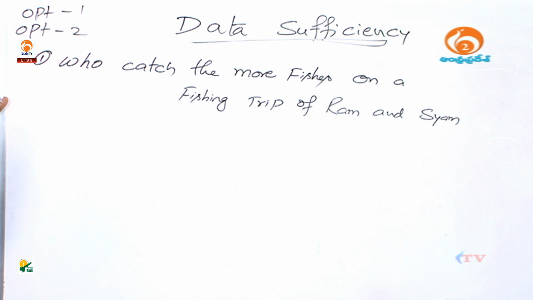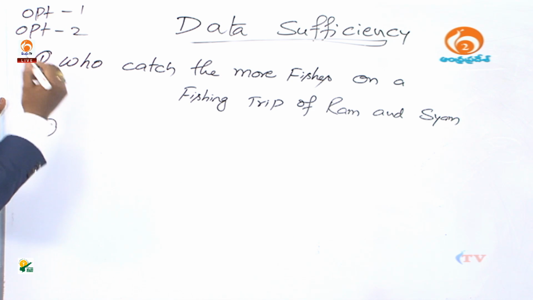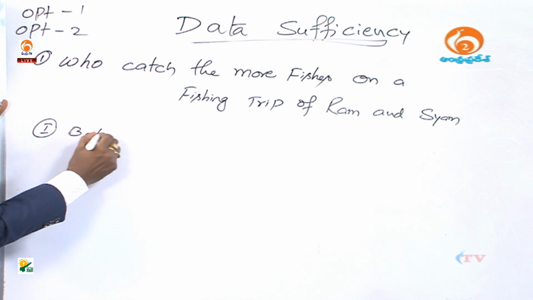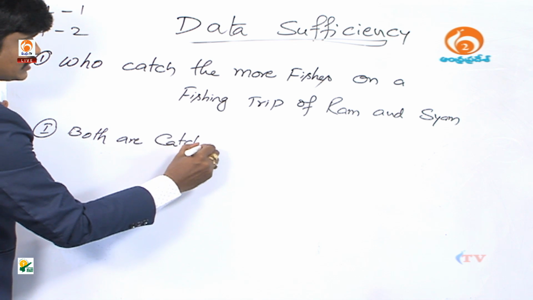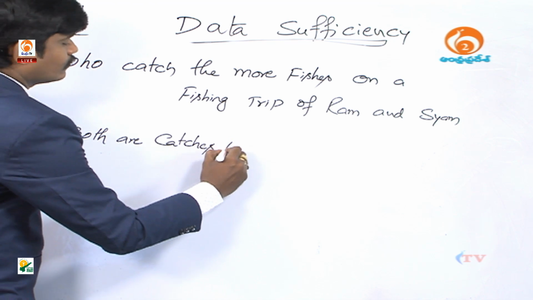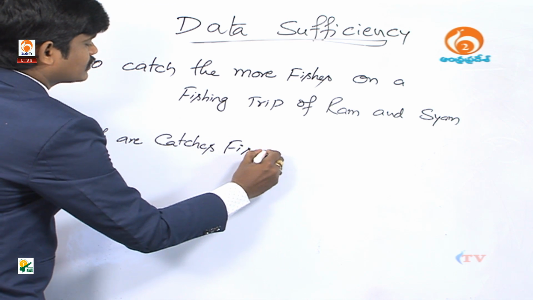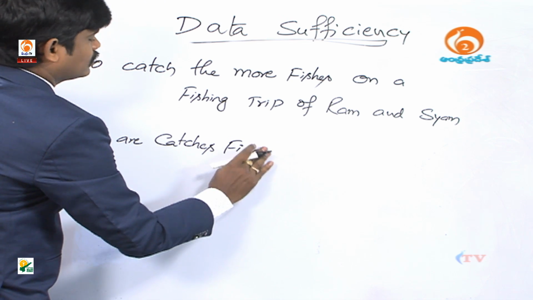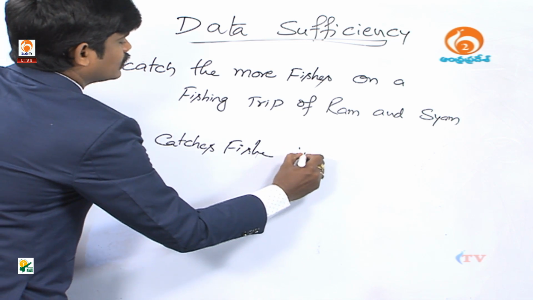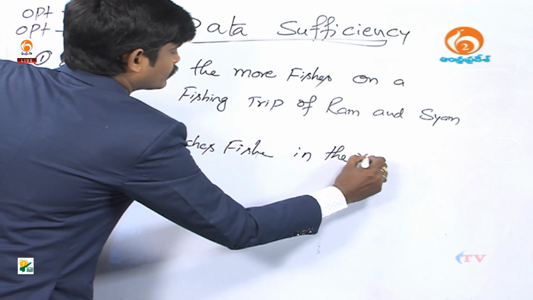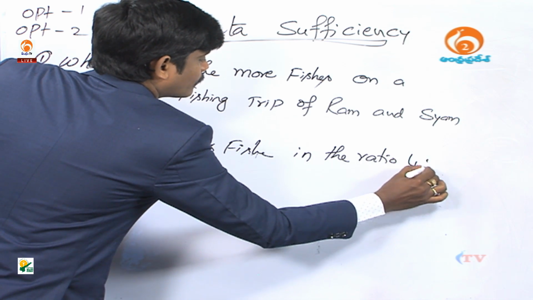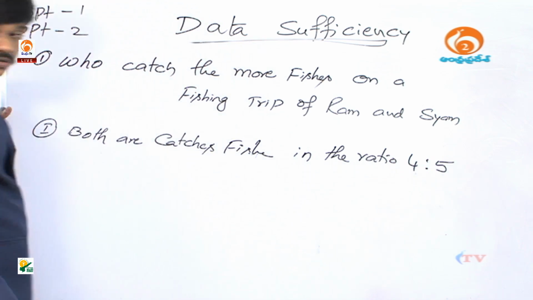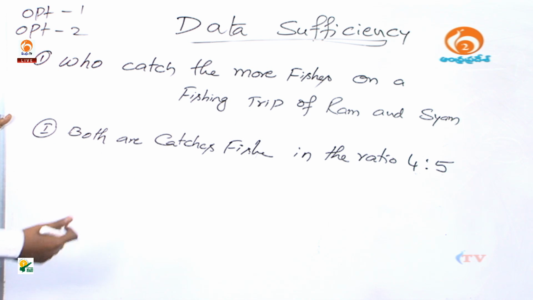Right. First conclusion: both catch fishes in the ratio 4:5. Both catch fishes in the ratio 4:5.